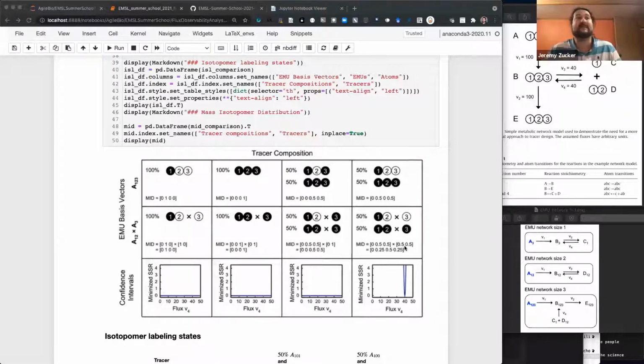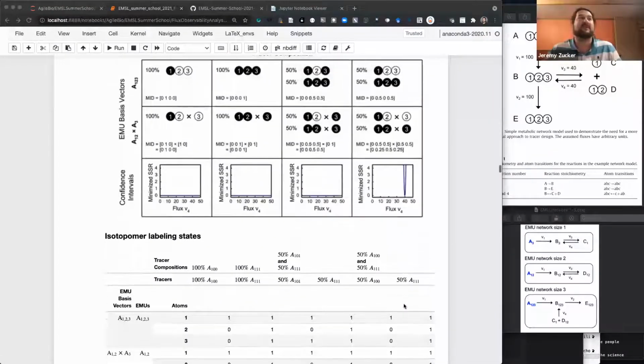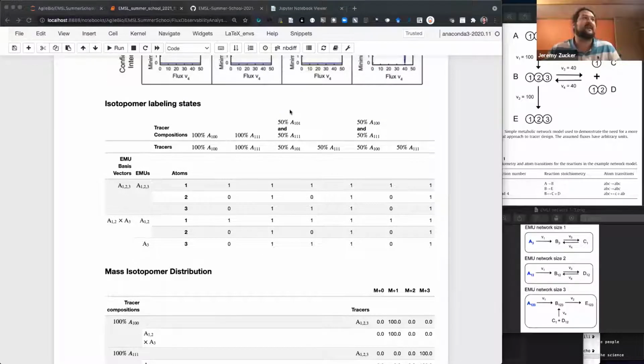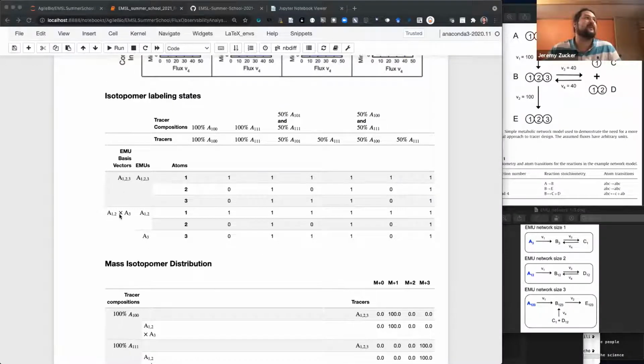It's in that case specifically that I can identify a unique value for V4 from those two tracer compositions. So another way of saying that, this is the exact same graph, just shown in a slightly different way. Here's my EMU basis vectors. Here are the EMUs associated with each of those basis vectors.